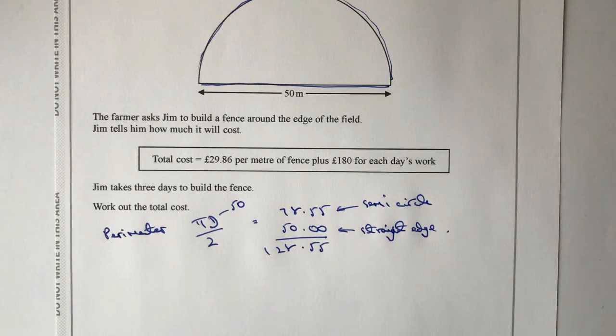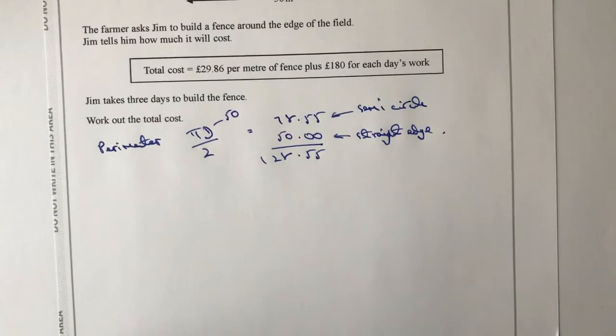Therefore we've got to work out the cost. We're told that the cost is £29.86 per meter, plus £180 for each day's work, and it'll take 3 days to build. So let's look at the total cost calculations.